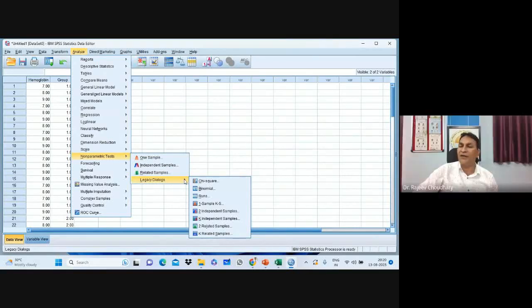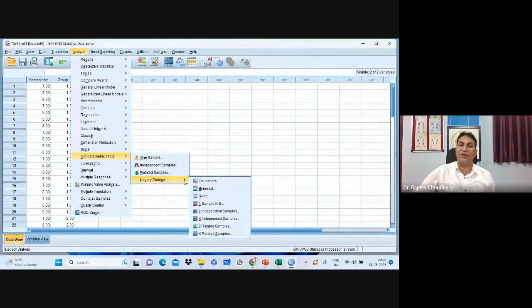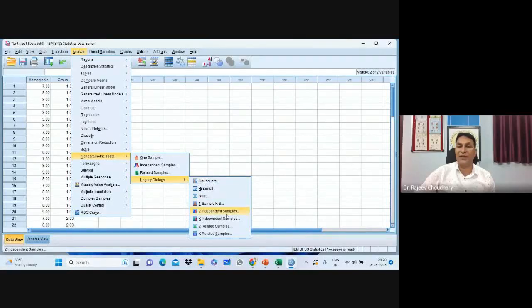How many columns do we have? We have two groups, comparing one by one: arts versus commerce, arts, science. How many groups do we have? 2. Two means two independent samples.